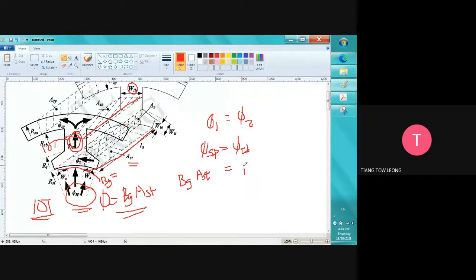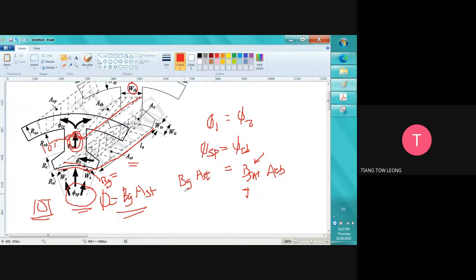Okay, so B sat times A tooth body. B sat means we assume all the flux flowing through here will achieve the saturation limit. This is what we want to design. We cannot simply put any value, or else it becomes under design or over design. We will assume all the flux flowing through this area will go through this area.